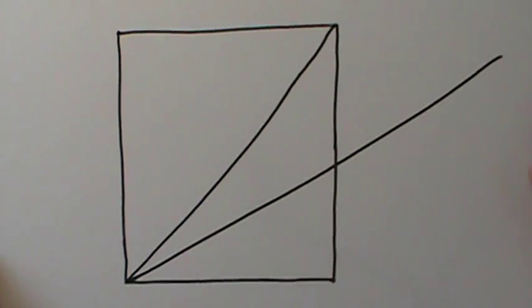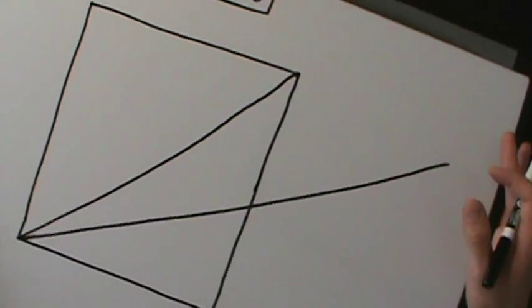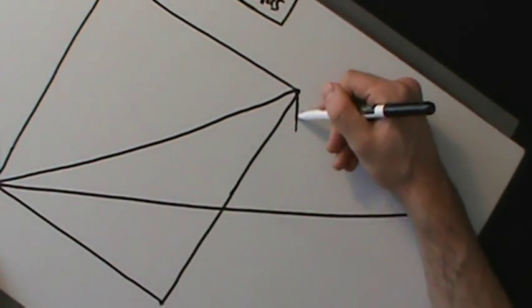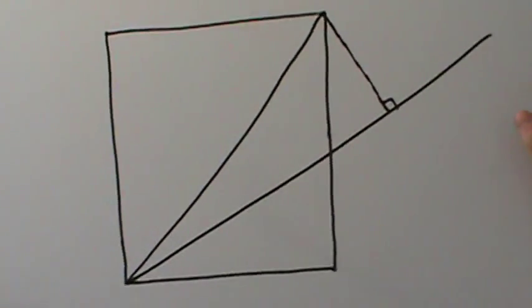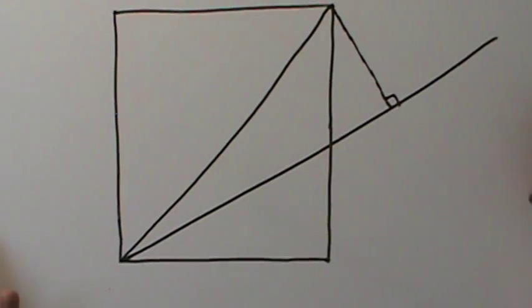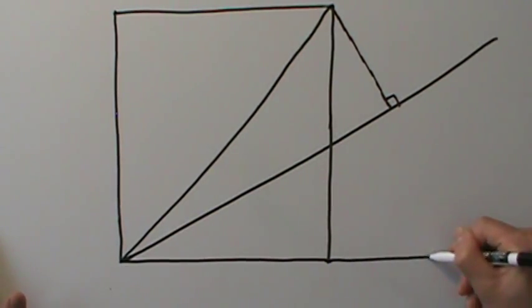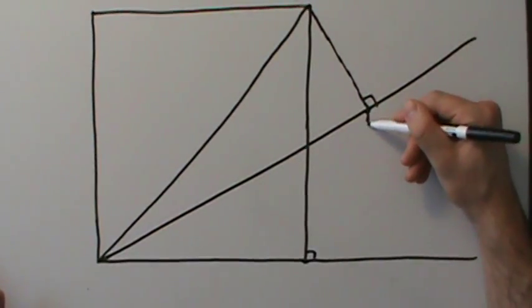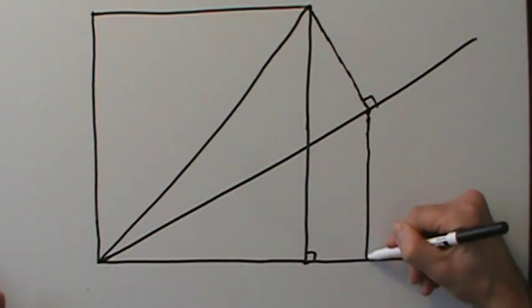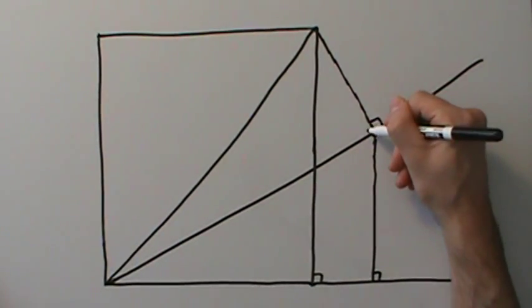And now what we want to do is from this corner of the rectangle, drop a perpendicular down to here. So that's going to be perpendicular. Okay. And now we also want to drop a perpendicular, actually first we'll extend this so that this is perpendicular, and then we'll drop another perpendicular line segment from here down to here. Okay, and then one more from here to here.